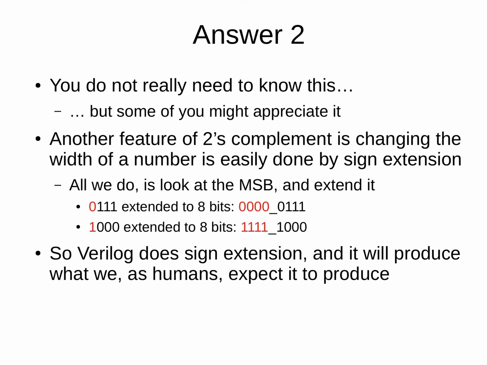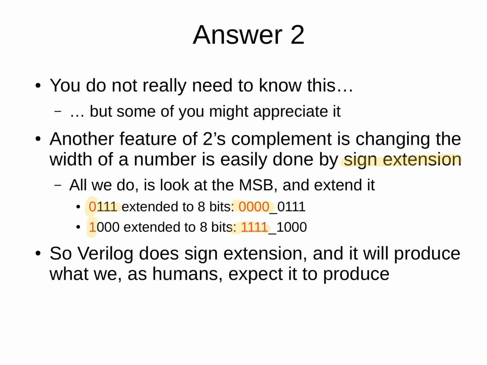Well, it turns out that things work very nicely because all Verilog has to do is do a sign extension. In other words, if we start off with a 4-bit number and we want to extend it to 8 bits, all we do is we look at the most significant bit and extend that. So if it starts with a 0, we put all zeros out the front. If it starts with a 1, we put all ones out the front.